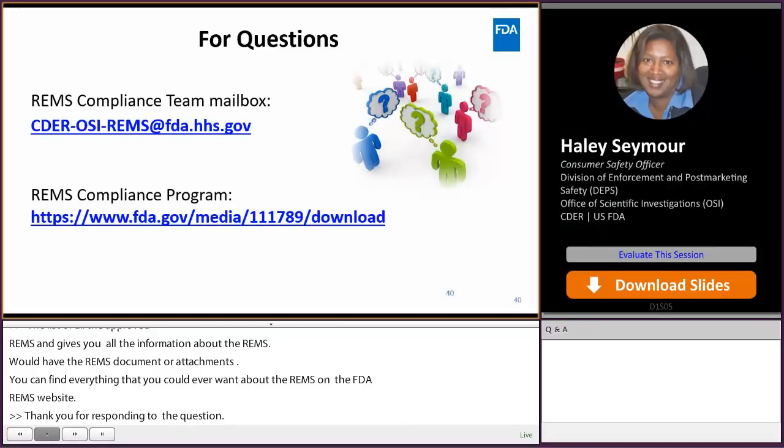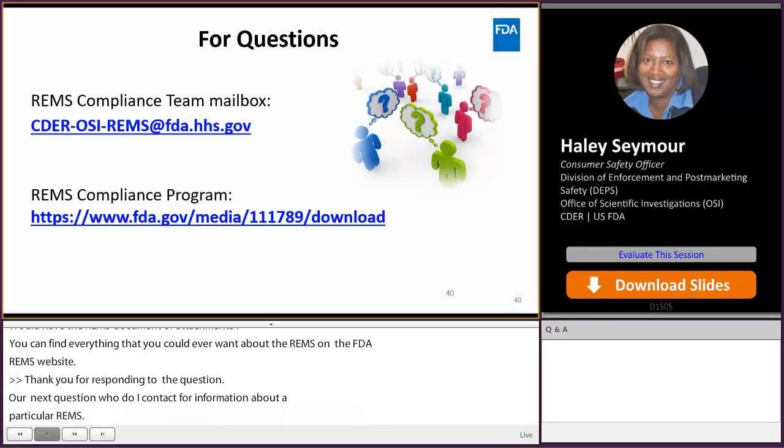Okay, so as I mentioned earlier, the REMS at FDA website is a very good resource because that website includes all the information about the REMS and about the currently approved REMS.